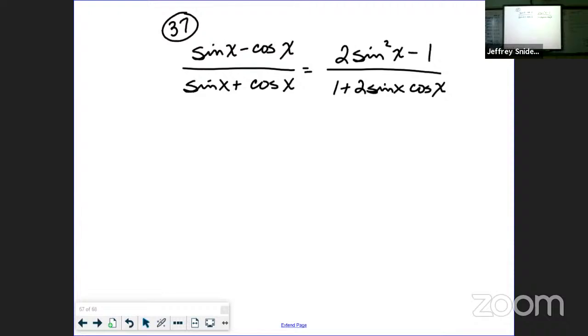Okay, just change the top on the right. 2 cosine squared x. No, you can't do that. I know, but you can't just say, oh, I'm going to do that. Well, no, this is literally the sine squared minus one, right around that.